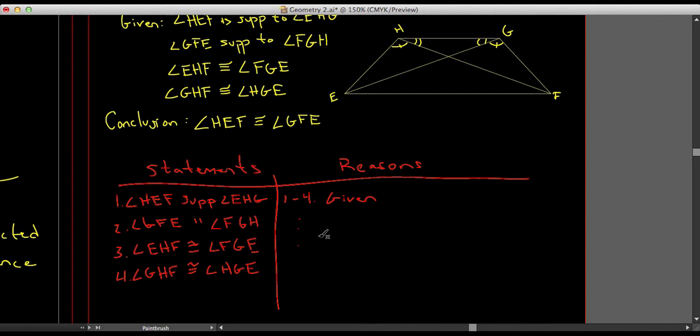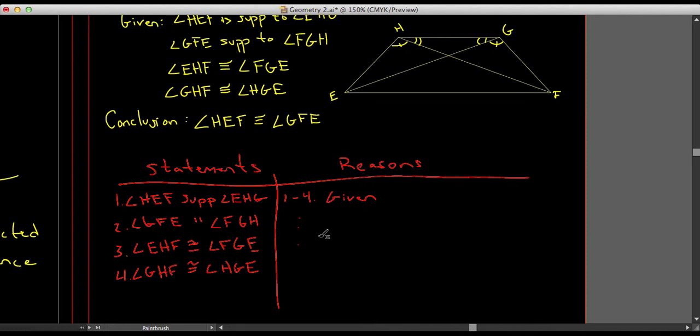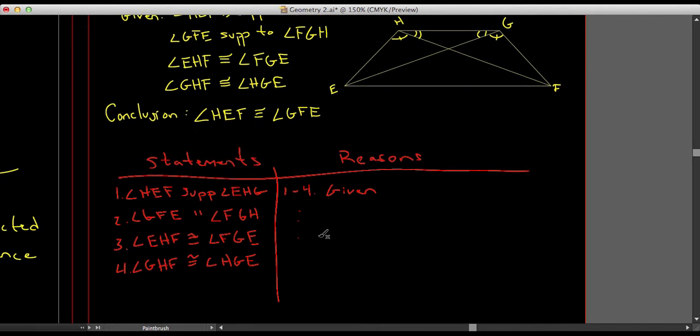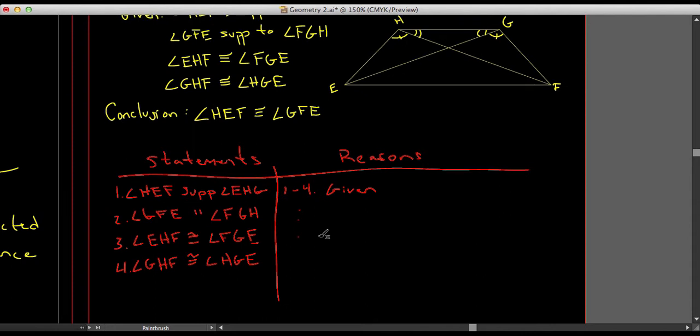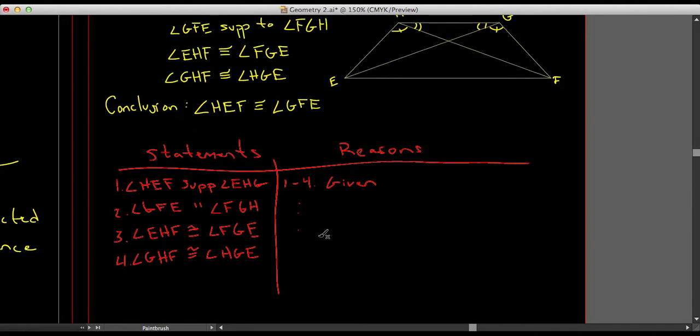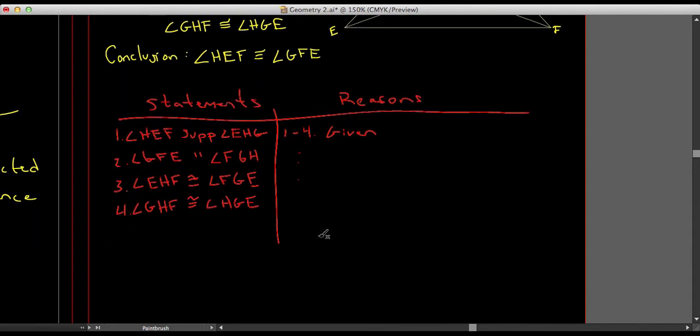If I take the two congruent angles that we already know are congruent from the given information and combine them, then we have these larger angles, EHG and FGH, that must also be congruent. And the reason is because of the addition property. Previously we mentioned the subtraction property. Here we have the addition property. If we're adding congruent angles to congruent angles, then the sums are congruent.